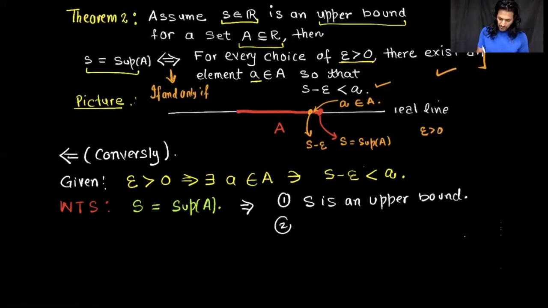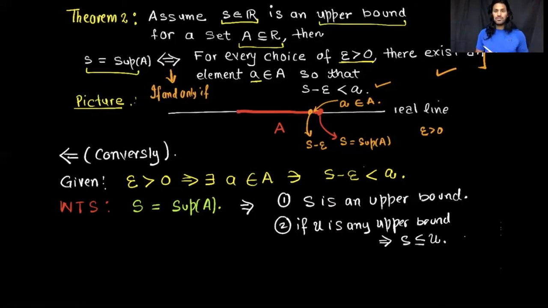And number two, if we have any other upper bound, let's suppose U is any upper bound, we need to show that S must be less than U. It means S is always less than or equal to U. So we need to prove these two assertions of the definition of the sup of the set, or in other words, the least upper bound of the set.